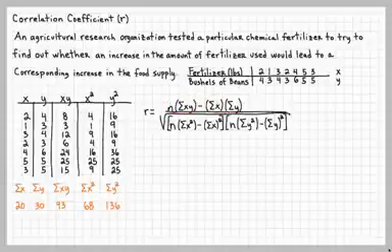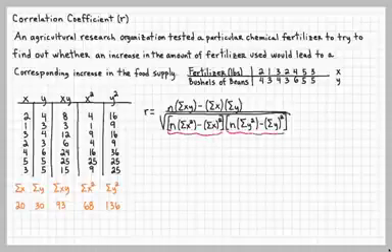Another thing you'll notice is that there's a bracket here and a bracket there. So after you place the numbers in, when you substitute, multiply, square, and then subtract. Very important to do this stepwise. Also, don't forget to take the square root in the end. Sometimes we forget.